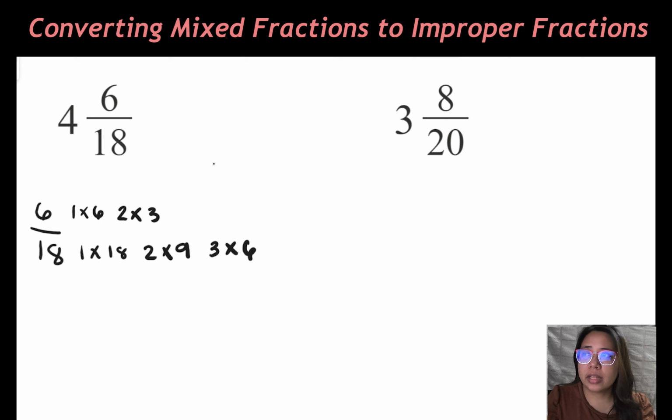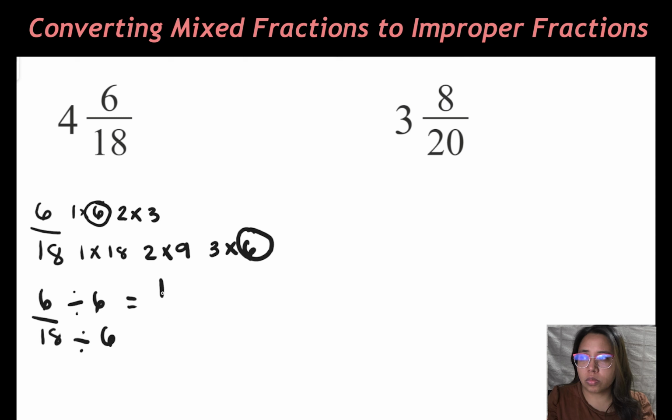So, hanapin natin yung kanyang greatest common factor. So, in this case, we have 6. Okay. Divide natin yung 6 and 18 sa 6. So, 6 divided by 6 and 18 divided by 6. So, that is 1 and 3. So, ang simplest form ng 6 over 18 is 1/3.